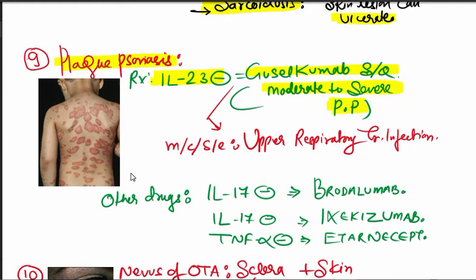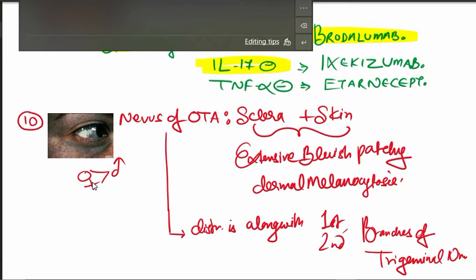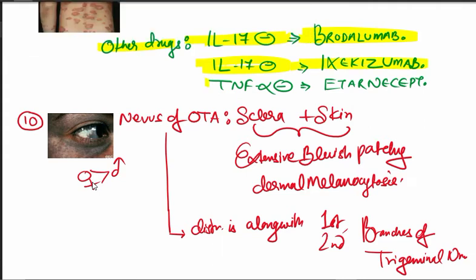Okay, and the most common side effect of guselkumab is upper respiratory tract infection. We have some other drugs, that is the IL-17 inhibitor brodalumab, another IL-17 inhibitor ixekizumab, and the TNF alpha inhibitor etanercept.